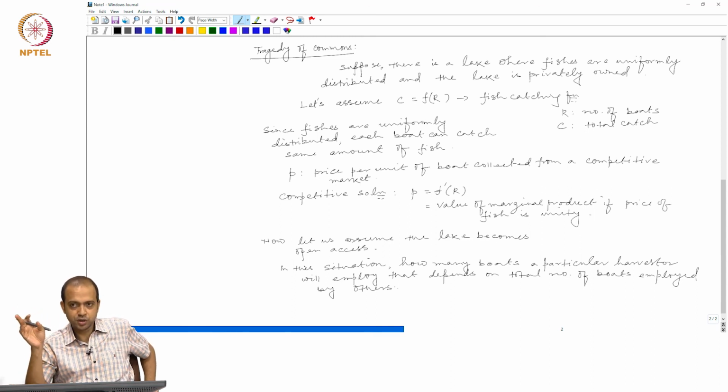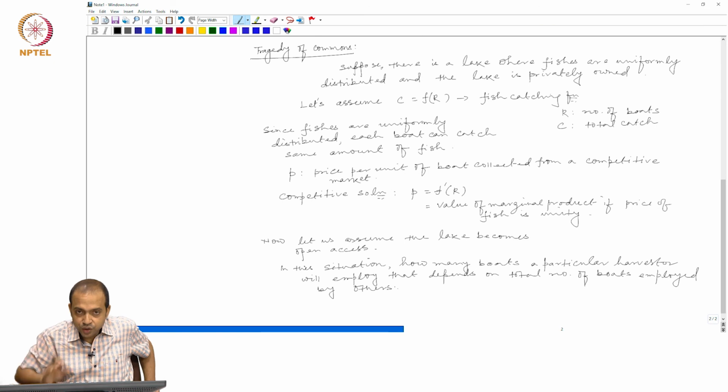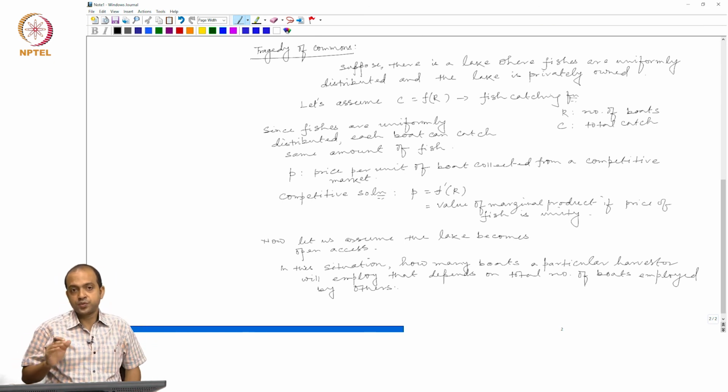In this situation, an individual is thinking how many boats to employ, and the individual's choice about the number of boats is dependent on how many boats are employed by other harvesters. If there are too many other harvesters and they are employing too many boats, as a single individual it is best for me also to employ too many boats.